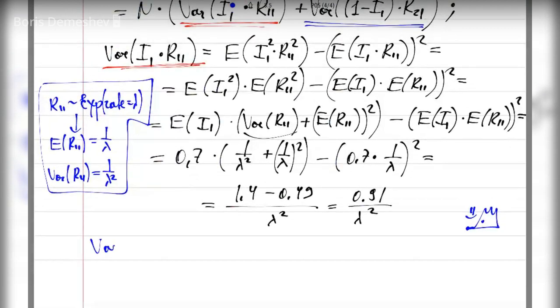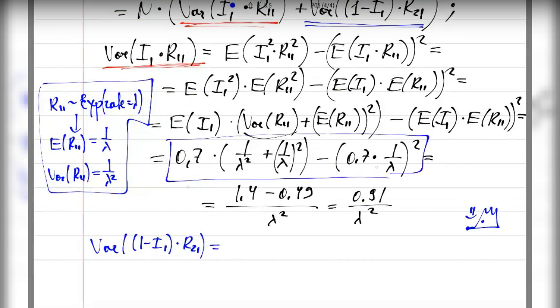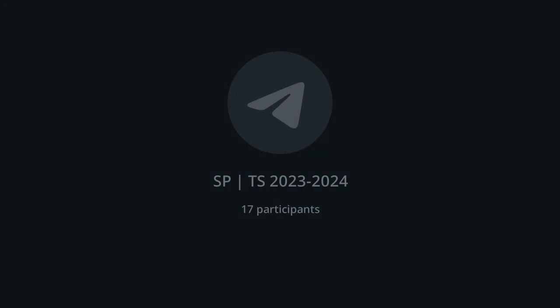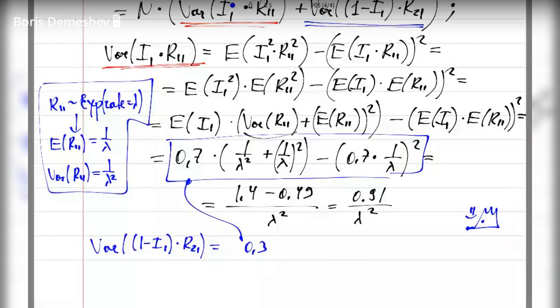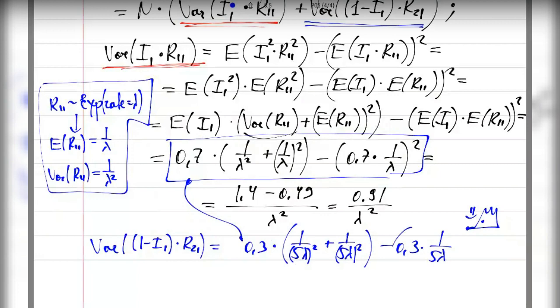Okay, we have the variance of (1 minus I1) times R21, and I will jump directly here. I will use analogy. So I will get 0.3 times 1/5 lambda squared plus 1/5 lambda squared minus 0.3 times 1/5 lambda squared.